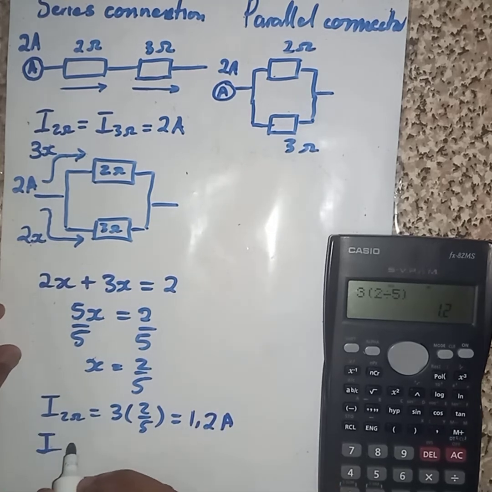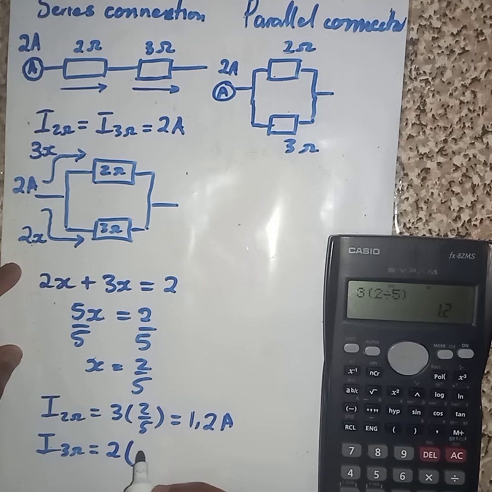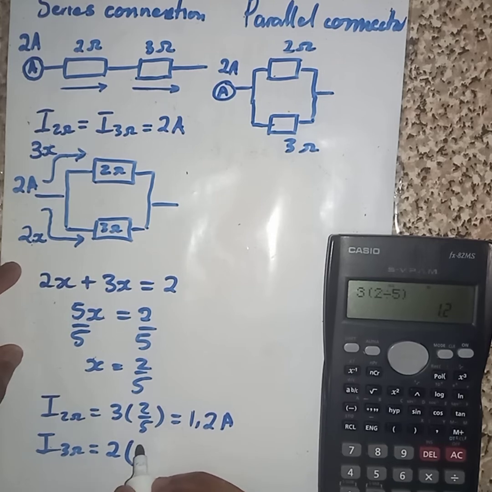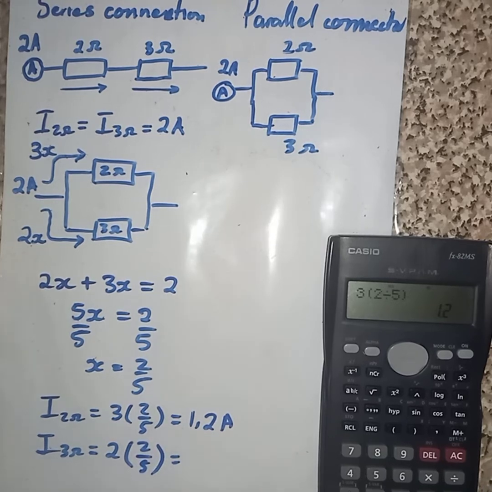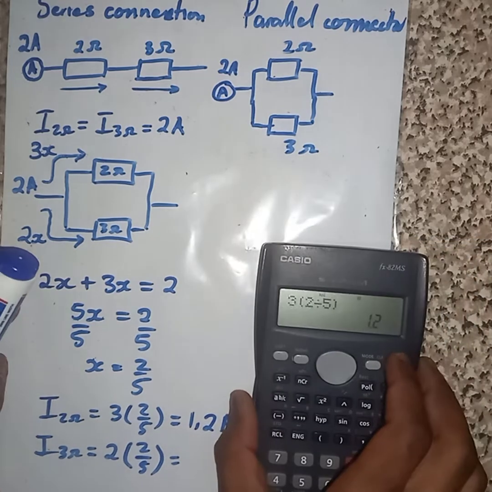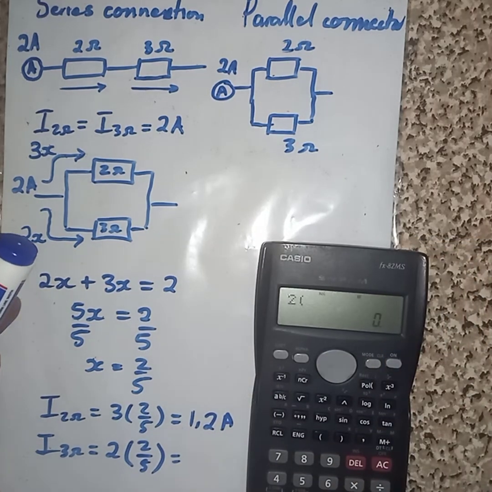Then for I of 3 ohm, it is going to be 2 next to x, we substitute 2/5, which is going to be 2 multiplied by 2 divided by 5.